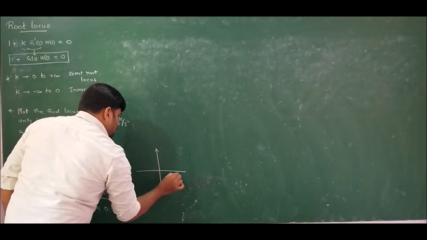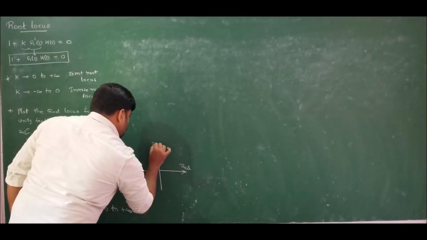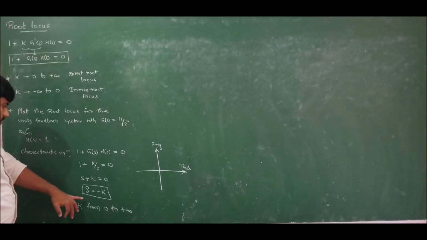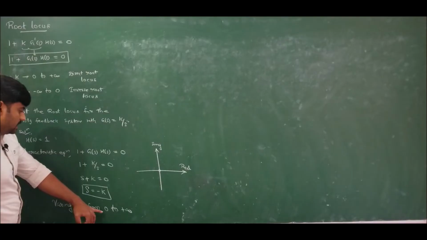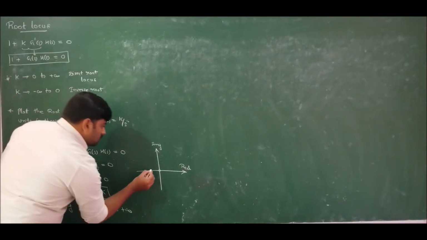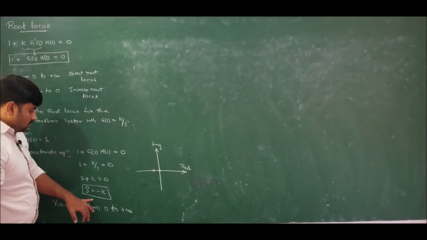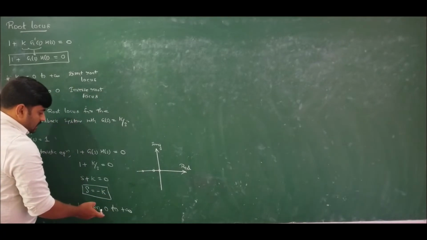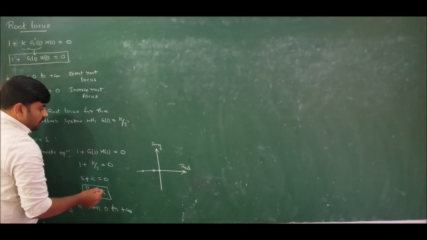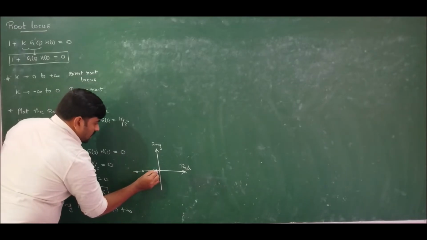This is the imaginary axis and this is the real axis. If k is equal to 0, I will get a pole here. If k is equal to 1, I will get s is equal to minus 1 somewhere here. If k is equal to 100, I will get s is equal to minus 100. If I keep increasing the value of k, s will become more negative, so the system is moving towards stability, correct?